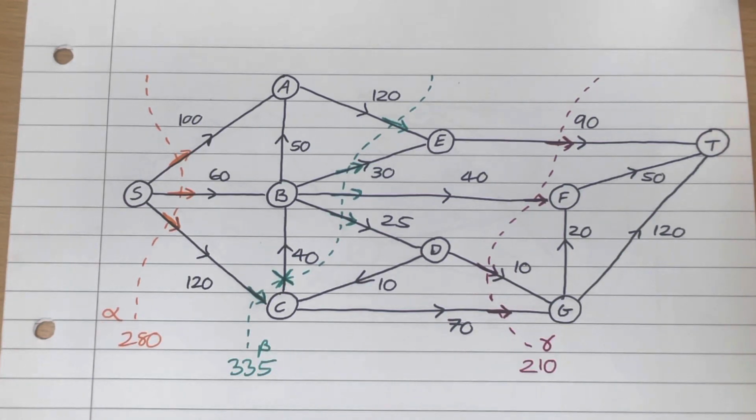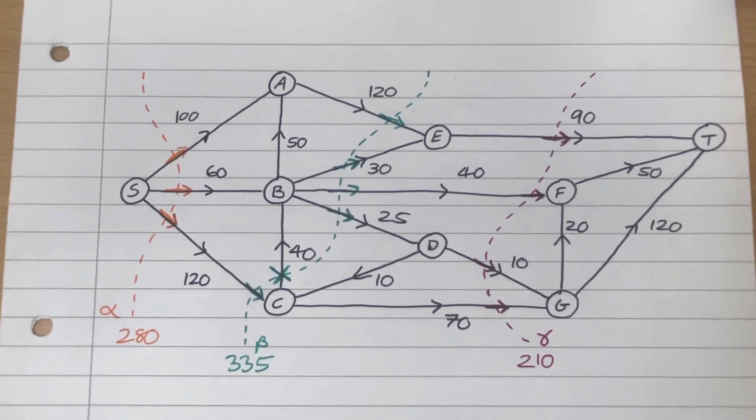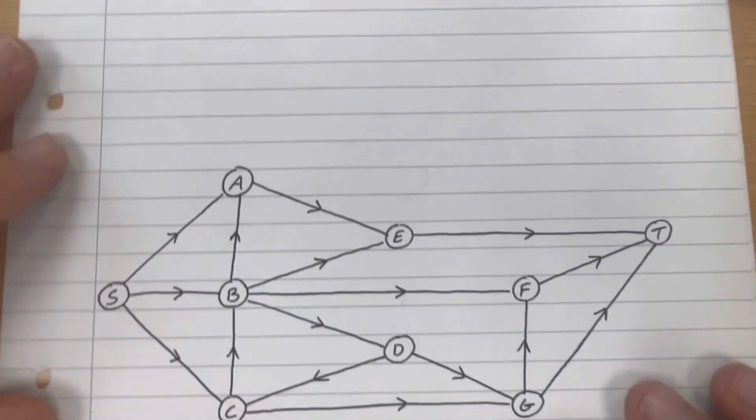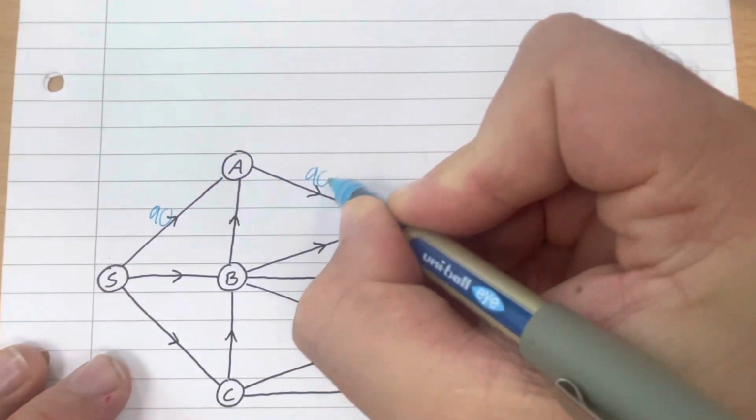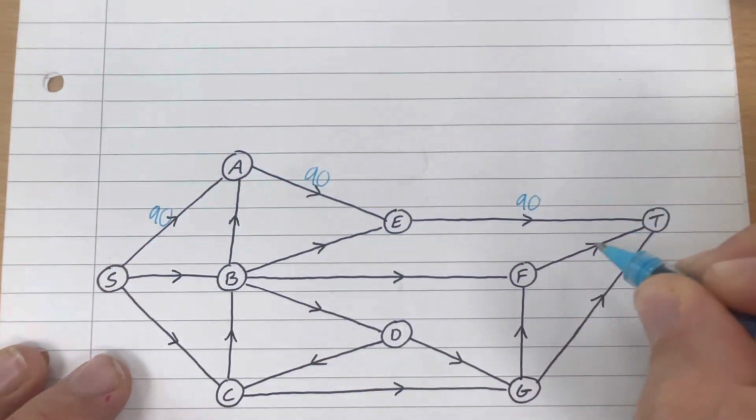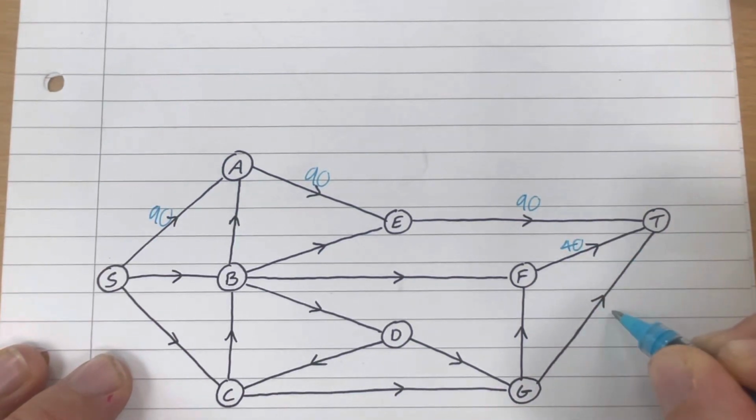So from the previous video, the flow through the network was 210 that we found, and that was equal to a 90 going that way, a 90 over there, a 90 across there, 40 up there.